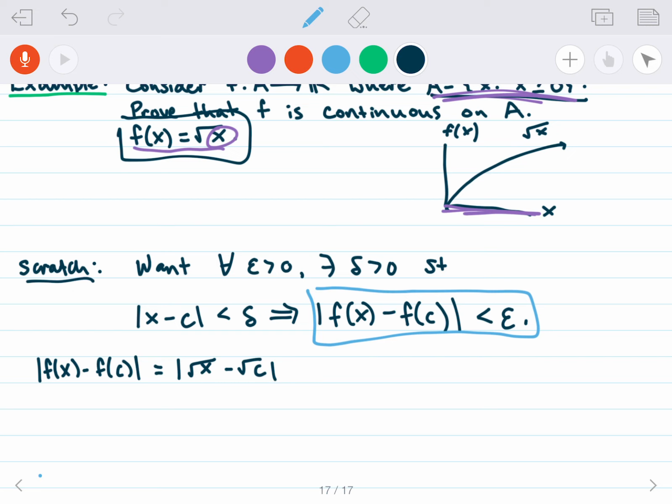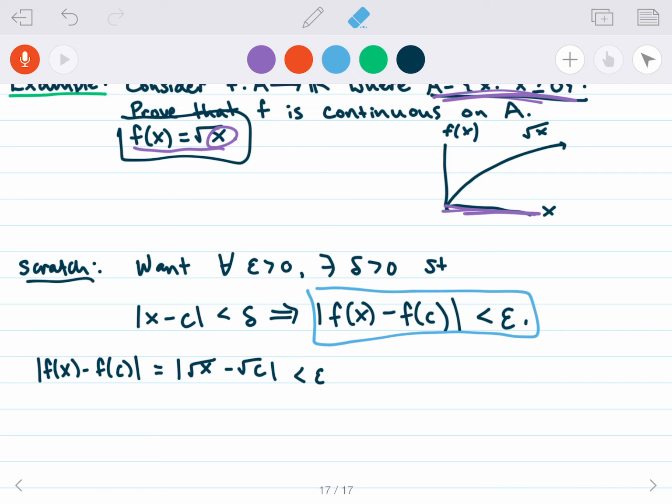And there's not a lot we can do here. If we say this is less than epsilon, there's not a lot we can do. We really would love to get rid of the square roots. And so we use that trick that we teach our algebra students of multiplying by 1 via conjugation.